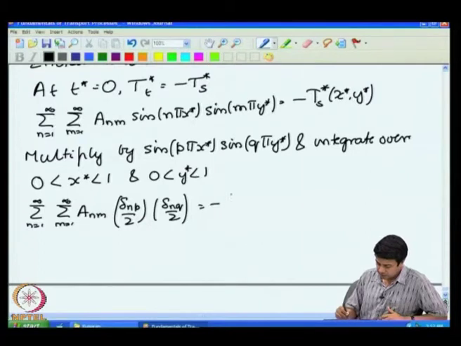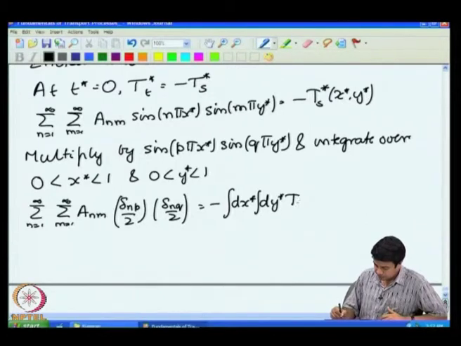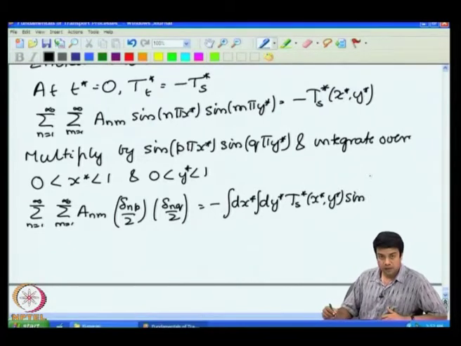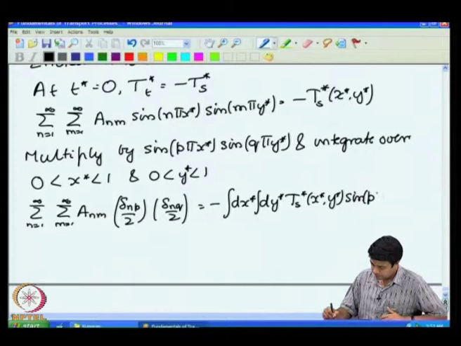Okay. It's equal to minus integral dx integral dy t s of x and y sin p pi x sin q pi y.